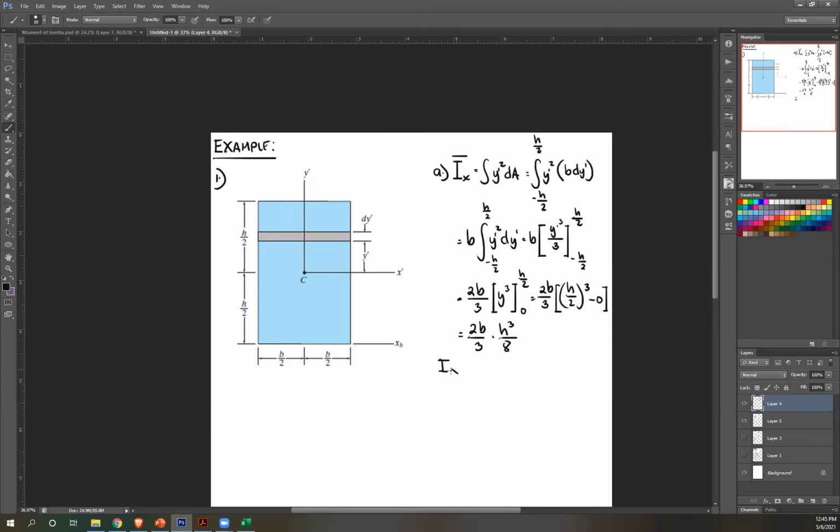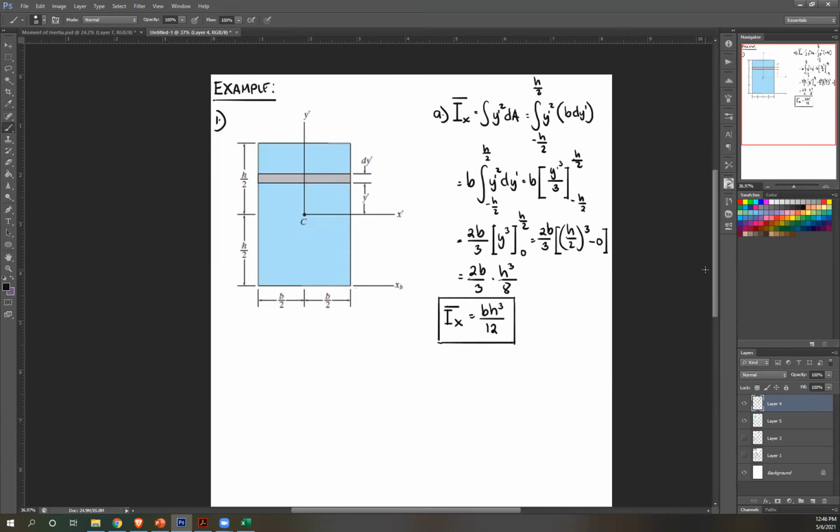So 2 divided by 8 is 4, times 3 is 12. Correct, it's bh cubed over 12. So that's your answer for letter A.